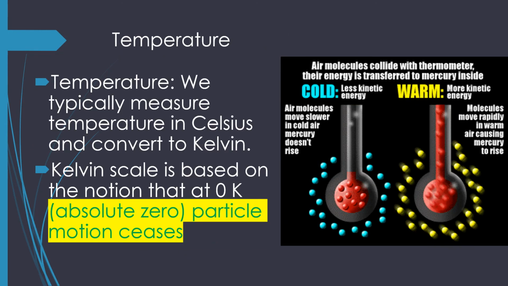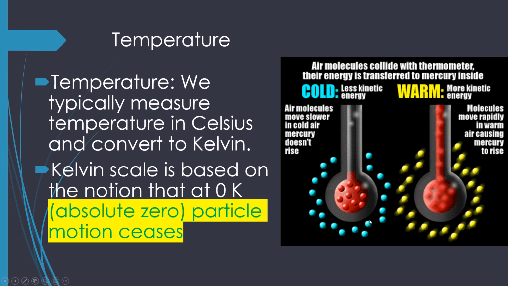All right. So, temperature. We typically measure temperature in Celsius when we're in science classes, and we convert it to what we call the Kelvin scale. The Kelvin scale is based on the idea that at 0 Kelvin, there's no particle motion. Temperature is measuring the motion of particles, and it makes sense that at 0 temperature, there would be no motion.